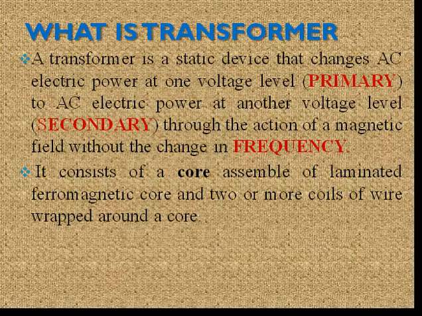A transformer consists of a core assembled of laminated ferromagnetic material and two or more coils of wire wrapped around the core. The core is a path for magnetic flux. A transformer without a core is like a ship without a compass.